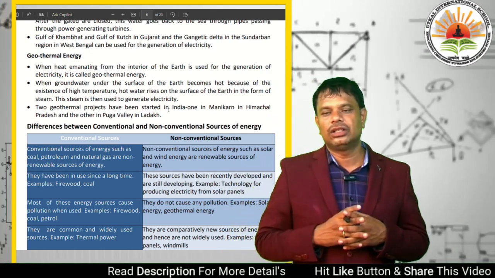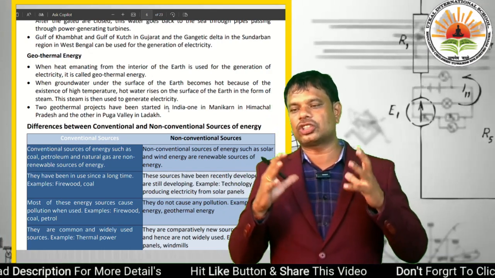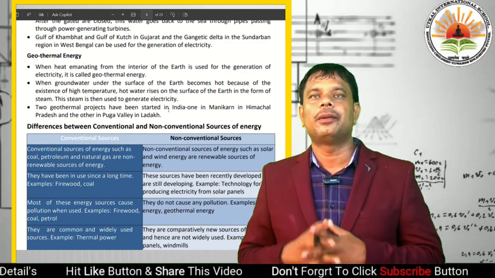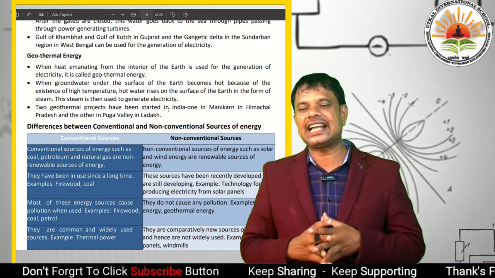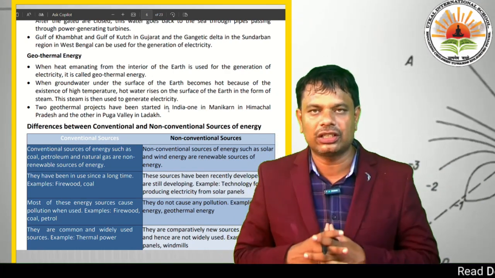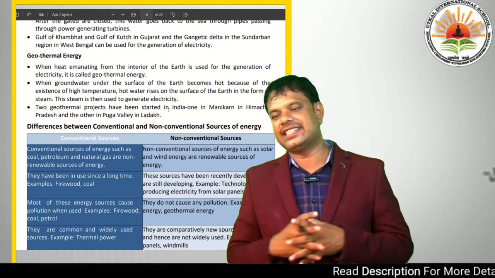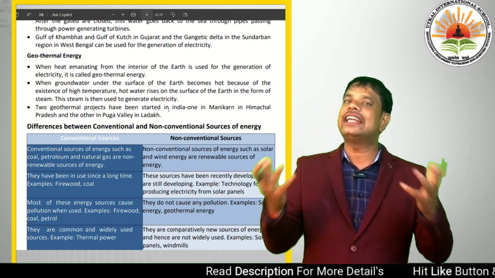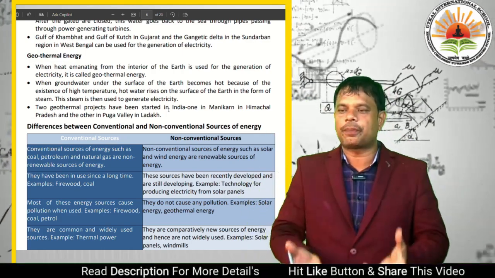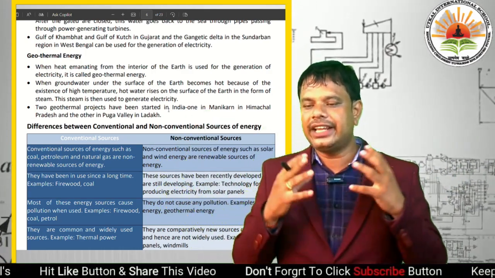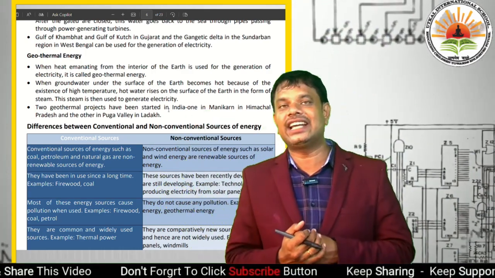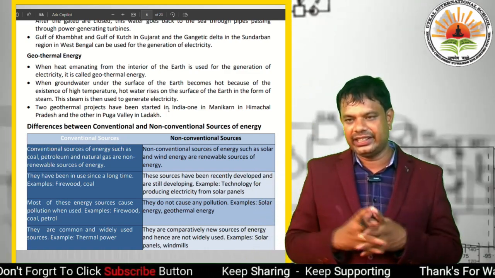When groundwater under the surface of the earth becomes hot because of the high temperature, hot water rises to the surface of the earth in the form of steam. This steam is then used to generate electricity.